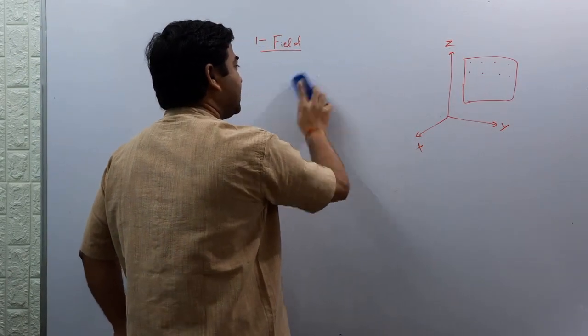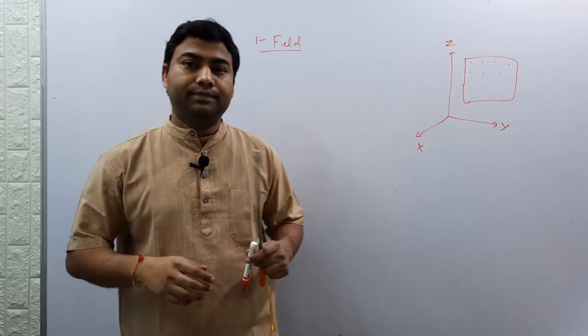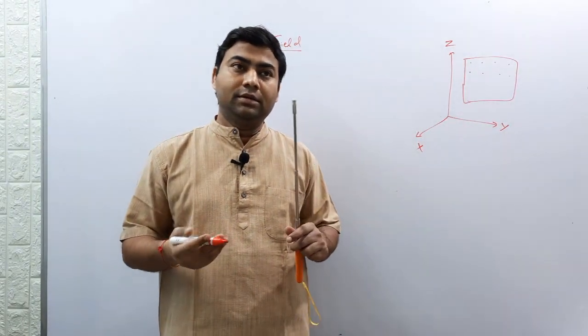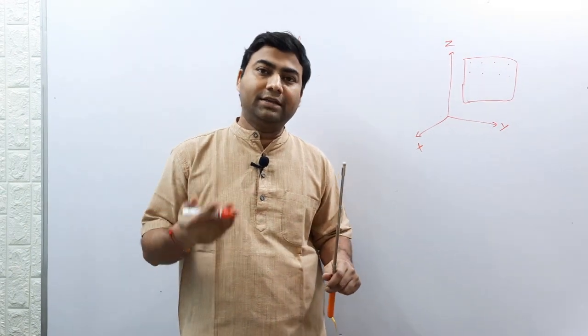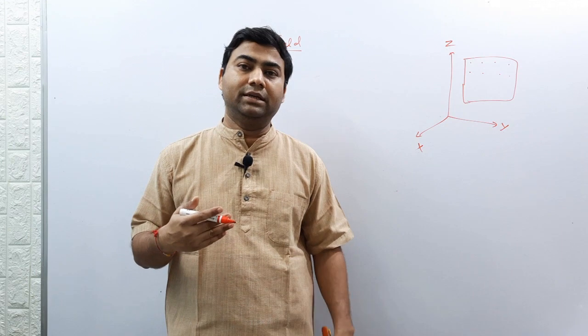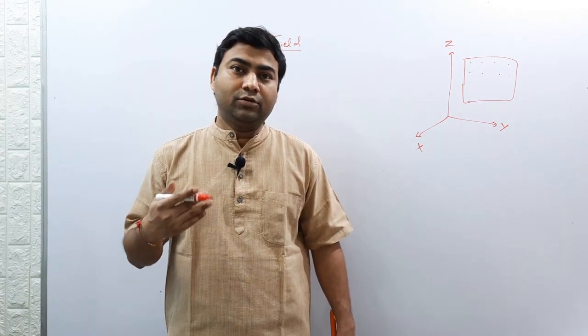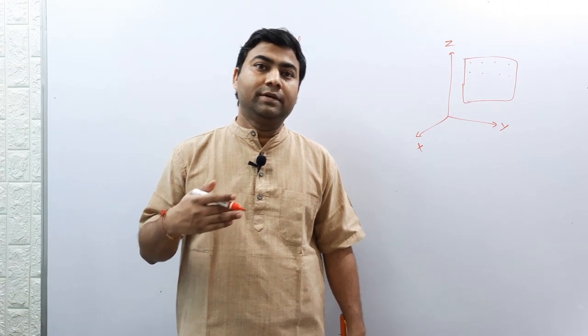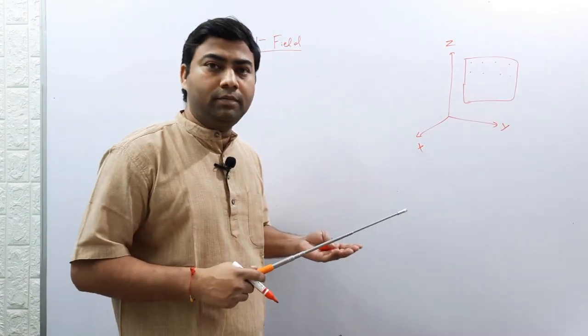Similarly, the second terminology is vector field. A vector field is similar to a scalar field. In a vector field representation, we represent a physical quantity whose nature is vector form.